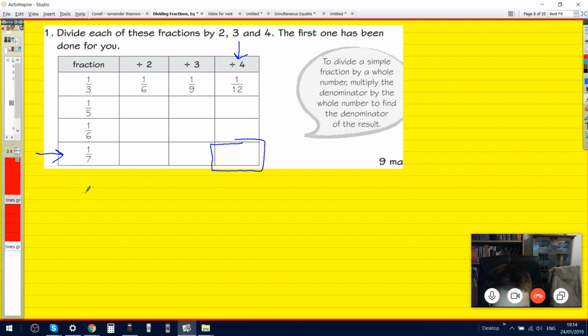And so you would flip the 4, but it's just a whole number. So you would add a 1 beneath it, and then that flipped over becomes 1/4. And then you keep the 1/7, and you turn the dividing sign into a times sign.